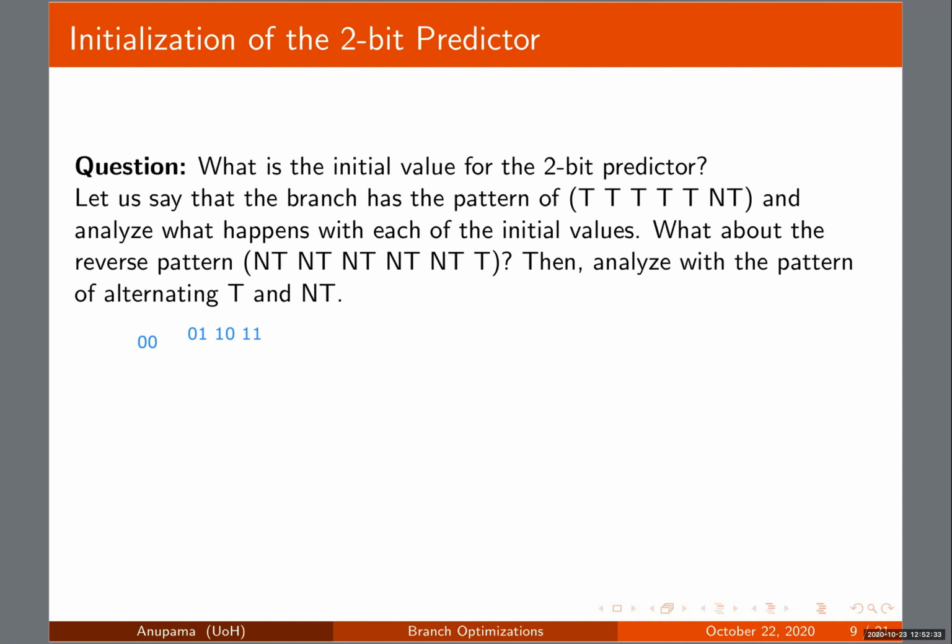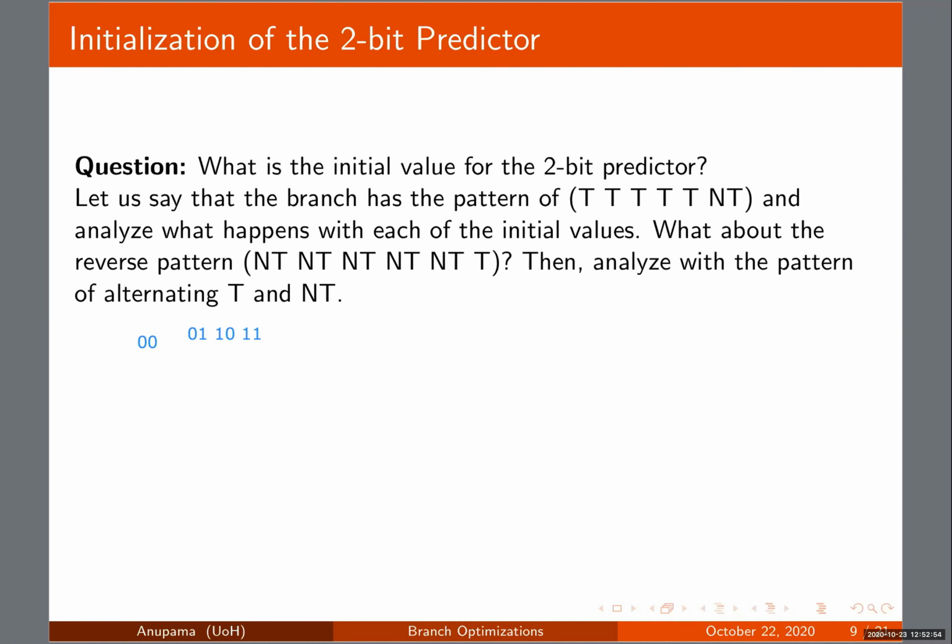So when you see T, that is one misprediction. The first T is a misprediction because you are predicting not taken and it is taken. Second one is also a misprediction because you are saying not taken and it's taken.